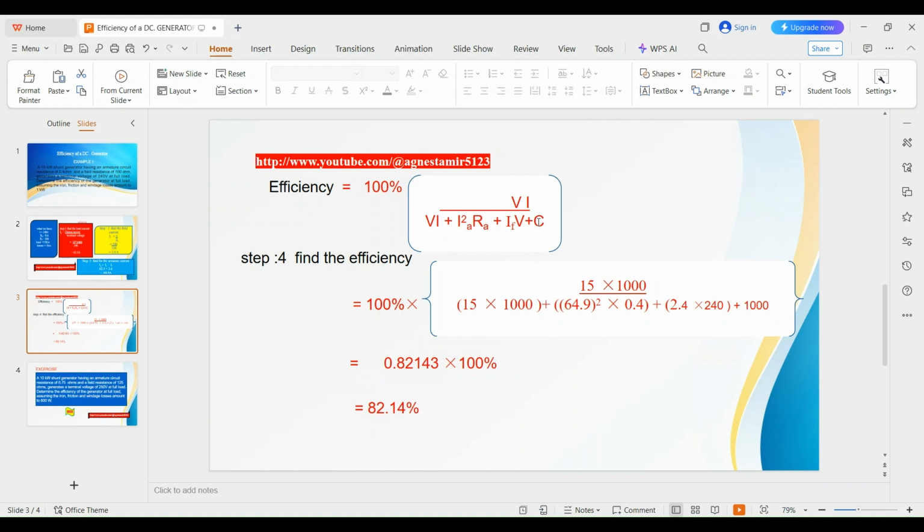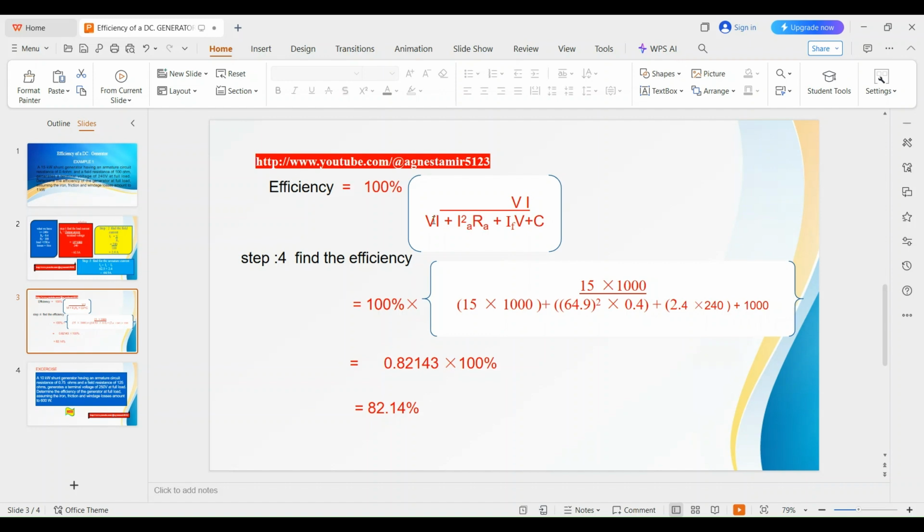So we have seen that efficiency is given by the output power over the input power, and for us to get the input power, we have to look at the initial power plus the losses.